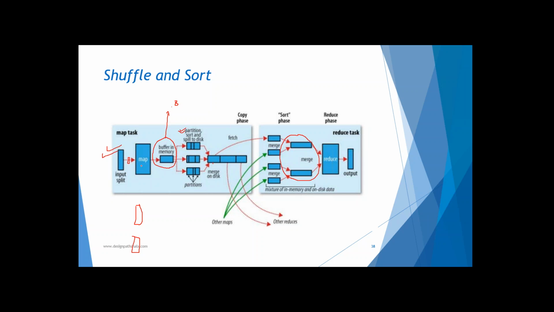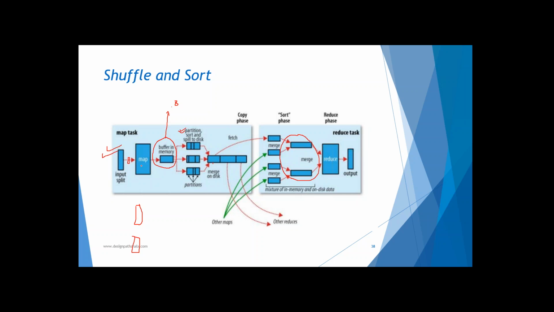So the job tracker knows how many reducers will be created for this job, and it also knows which reducer will be handling which range of keys.